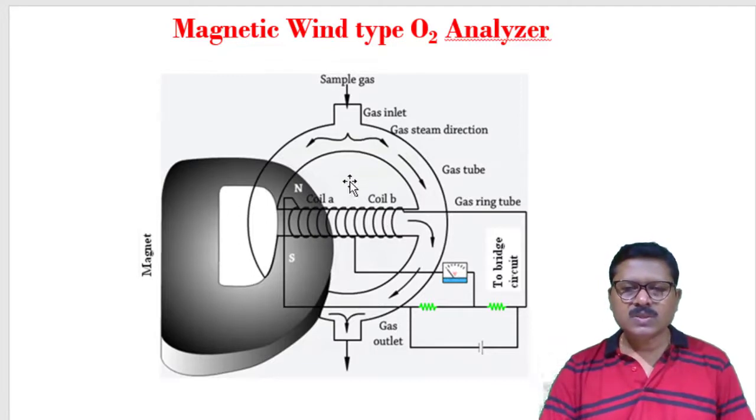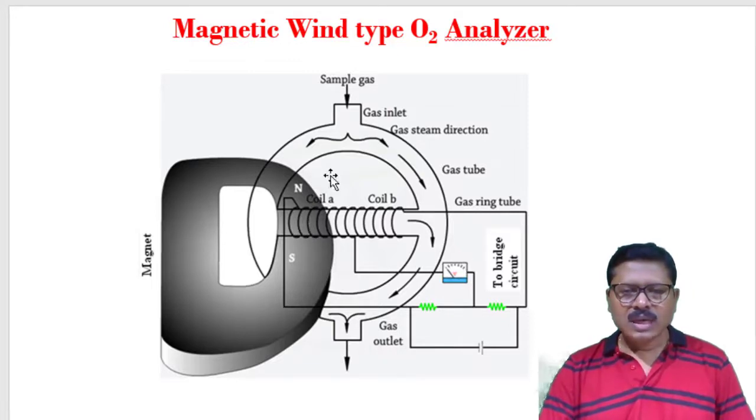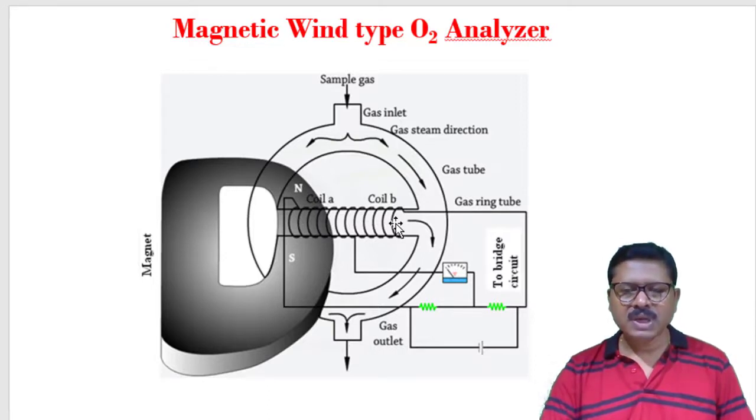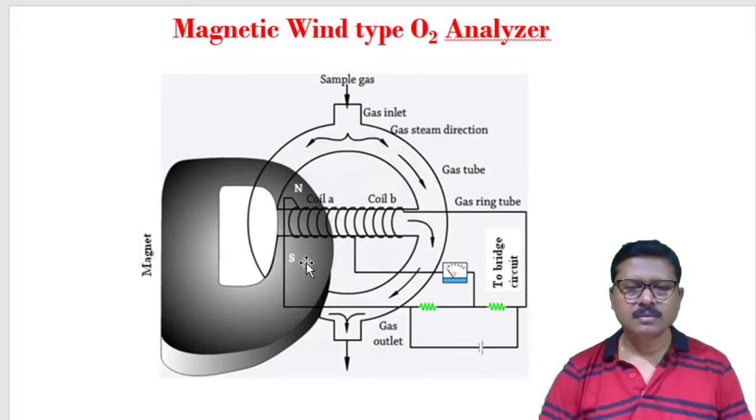Now when there was no sample, the bridge was in balanced condition. Now because of the presence of sample, the bridge will be unbalanced. Now how does this unbalanced situation occur? In the absence of the sample gas, the coil in this portion and the coil in this portion have the same temperature, meaning the resistance of this portion and the resistance of this portion are the same.